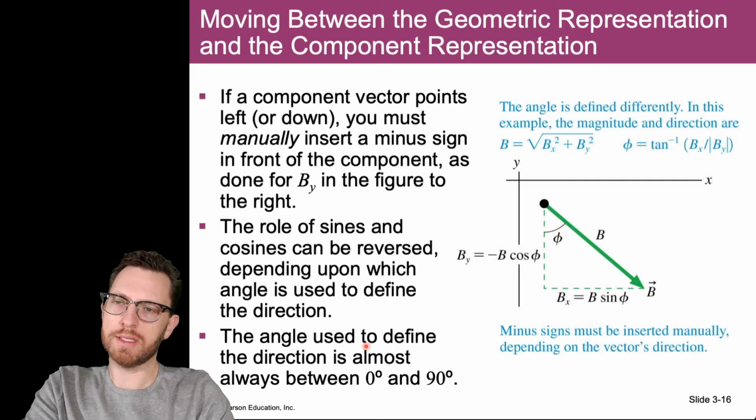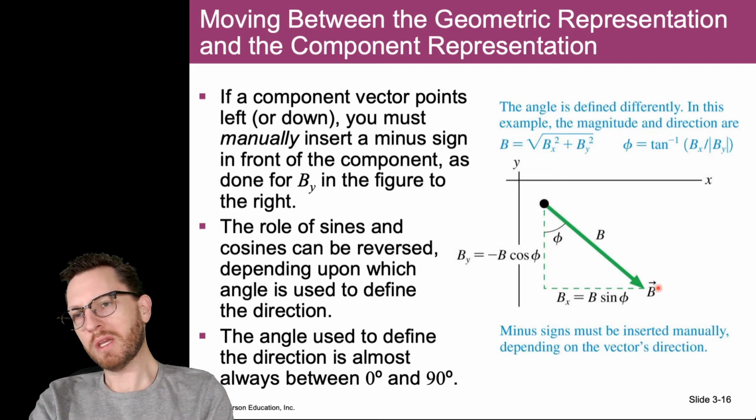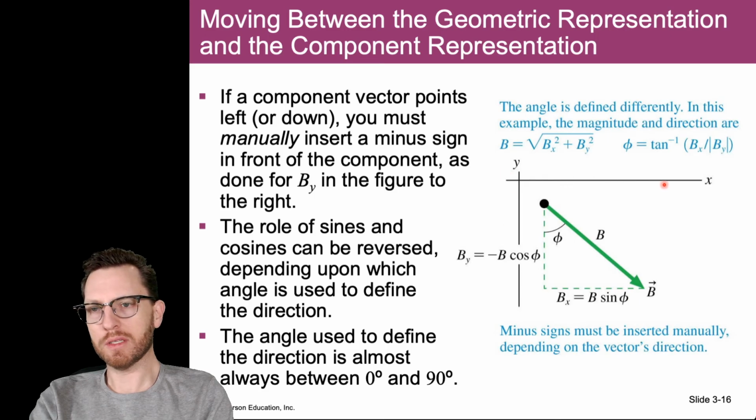So let's look at this example. Here I have the graphical representation of B. I've defined an XY coordinate system that I've placed that vector in. Here I can see that there's a Y component of that vector B. I'm going to put a negative sign in there because I can see that that component would have to point downwards towards decreasing values of y.